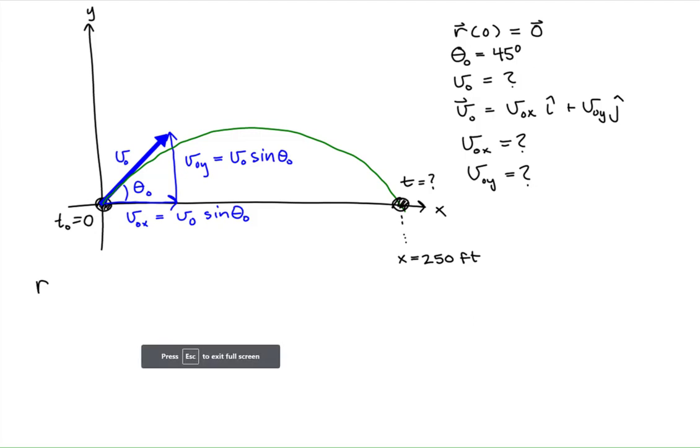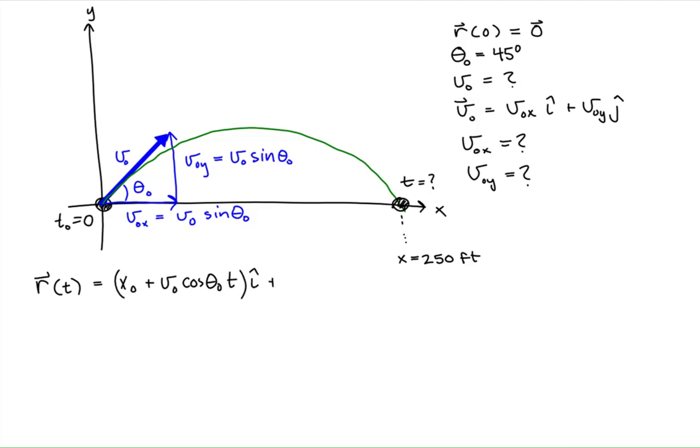From the kinematics equations that we derive for an object under the influence of gravity alone, we have that position as a function of time is equal to an initial position along the x-axis plus the product of the x component of velocity times time for the x component of position, and the y component of position is given as an initial position along the y-axis plus the product of the initial y component of velocity and time minus 1/2 the free fall acceleration times time squared for the y component.